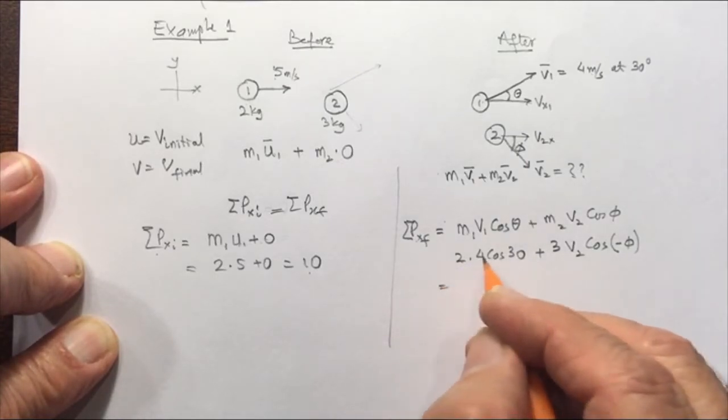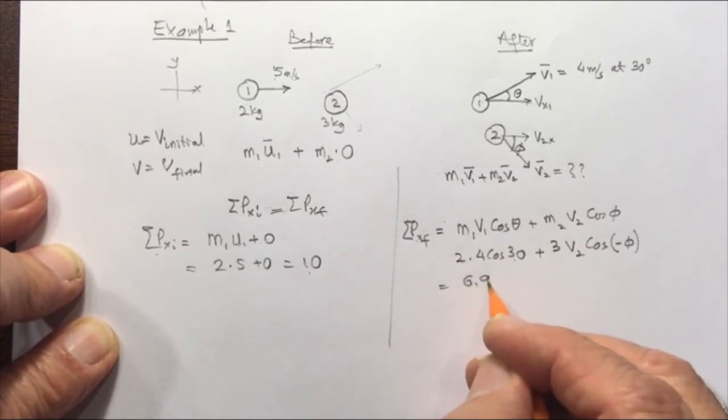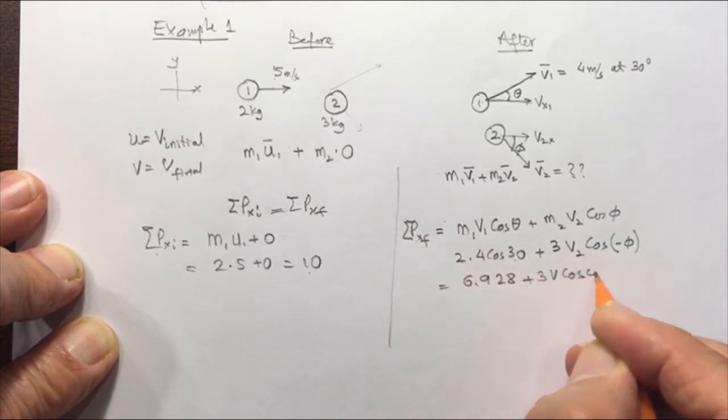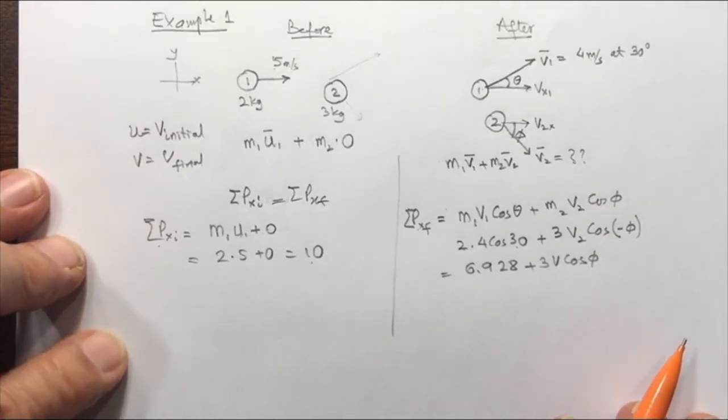So this becomes 8 cosine of 30, which becomes 6.928, plus 3 v2 cosine of phi. Cosine of minus phi is the same as cosine of phi.